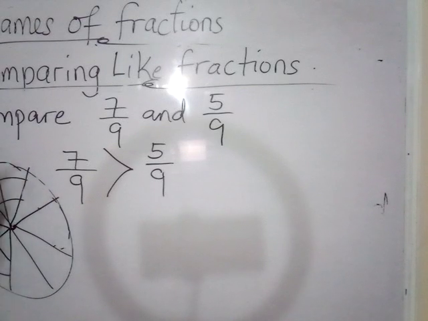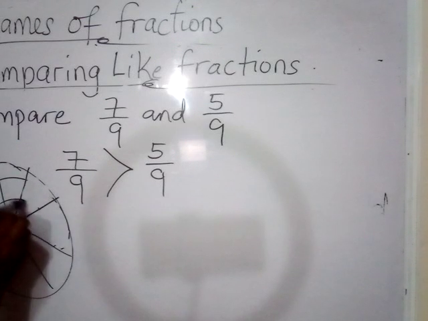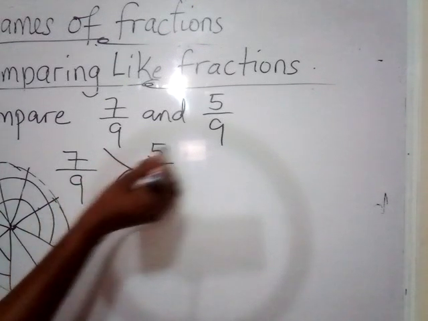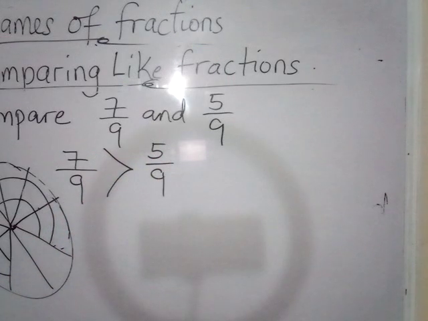The first person gets 5 pieces out of the 9 pieces of pizza. Another person comes and gets 7. Now look at the total surface area. Who gets more pizza? The person that got 7 out of the 9 parts. So 7 out of 9 is greater than 5 out of 9. Comparing like fractions is very easy. All you need to do is check their numerators and see which is bigger or which is smaller, depending on what you are looking for.